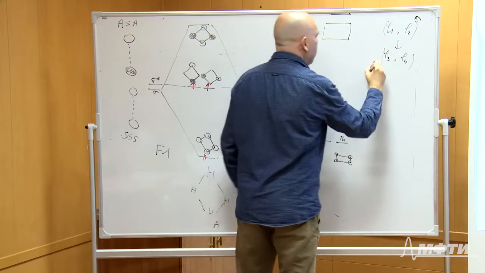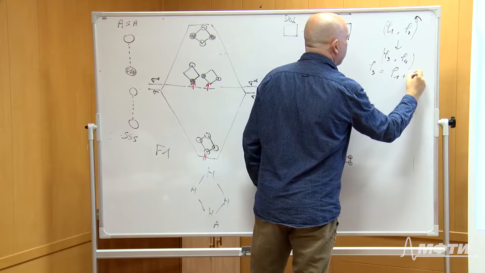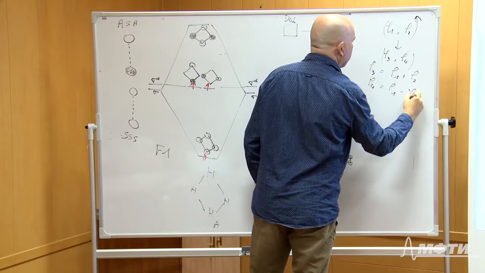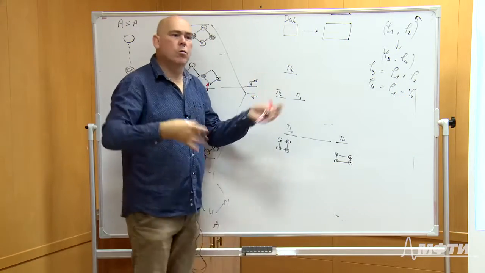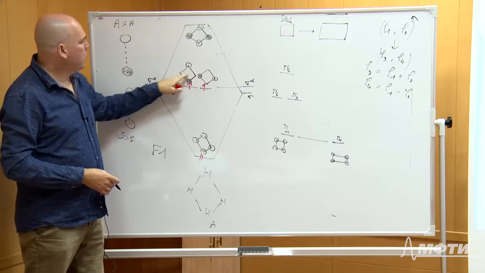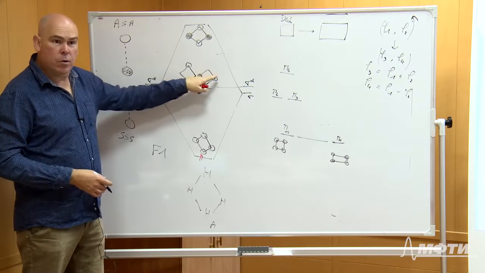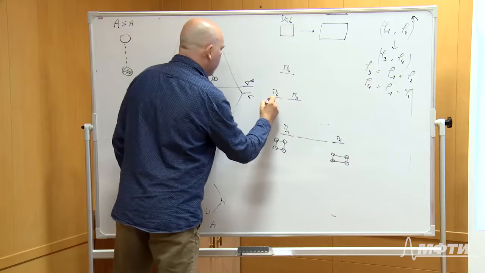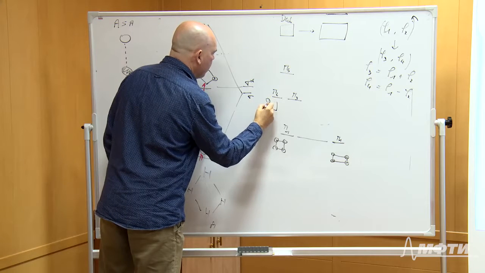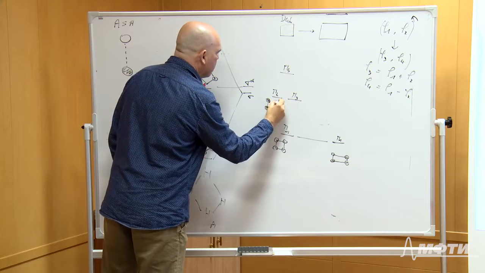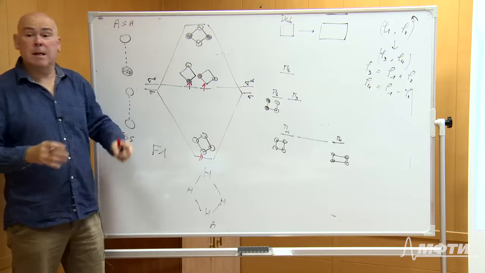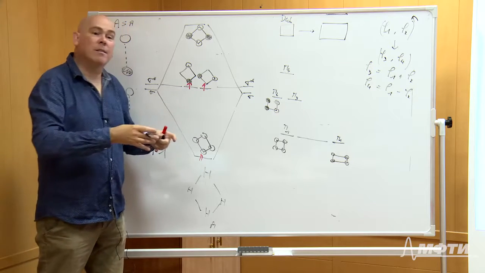Phi 3 will be phi 1 plus phi 2, and phi 4 will be phi 1 minus phi 2, something like this. You may generate others. So what you can do, you add this one with this one. You follow? So now I draw my square. This one plus this one, I will find this orbital. They are exactly the same, they have the same energy, these orbitals.